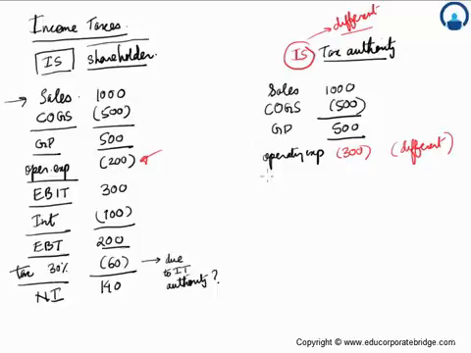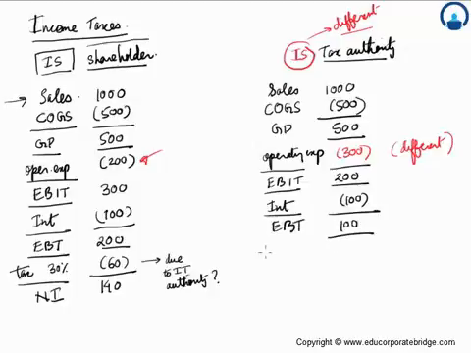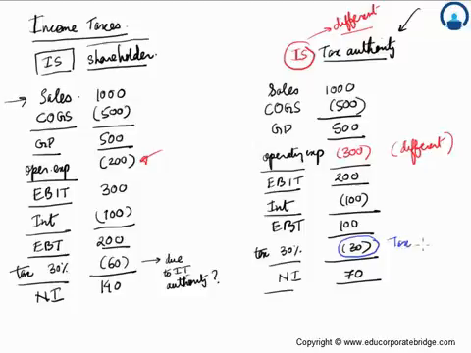So what we get here is the earnings before interest and taxes, that is 200, and looking at interest, that would be 100 here. So what we get is EBT, that is 100, and as we know, tax is calculated at the rate of 30%, so this would be 30. So the net income that gets reported here is 70. So now coming to the actual point, since this is reported to the tax authority, this number which is 30 here is the tax that you need to pay this year.